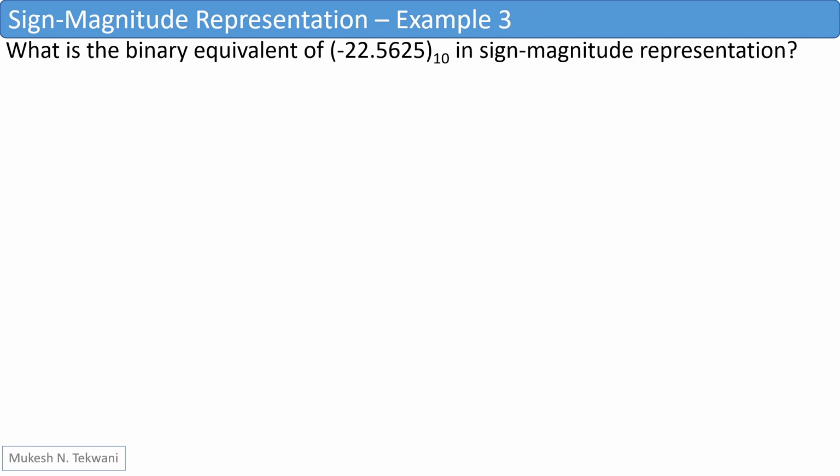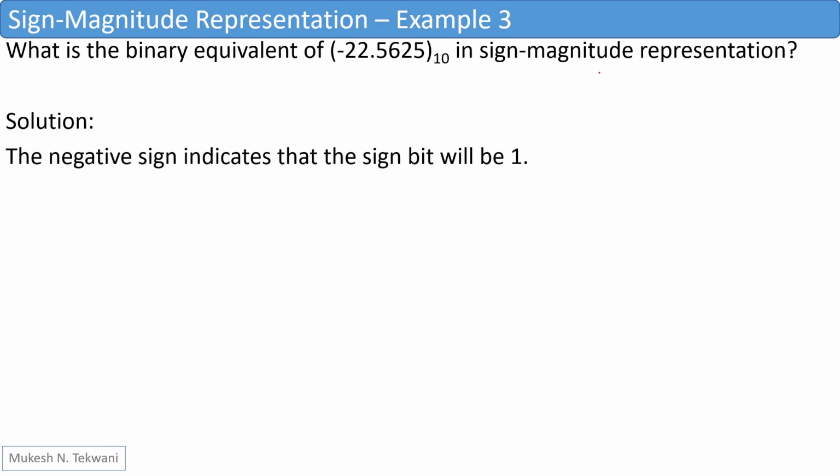Let us take this third example. Here we have to find the binary equivalent of minus 22.5625, and we want to represent this in sign magnitude representation. Now again the solution will be simple. The minus sign indicates that we will have to take the sign bit as 1. So we break up this problem into two parts.